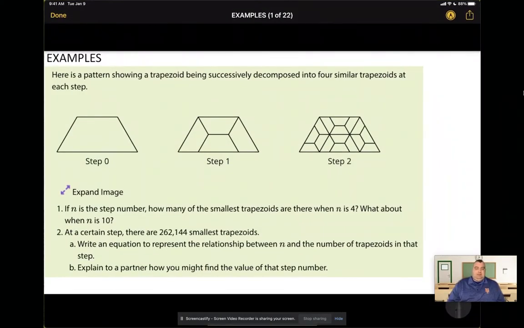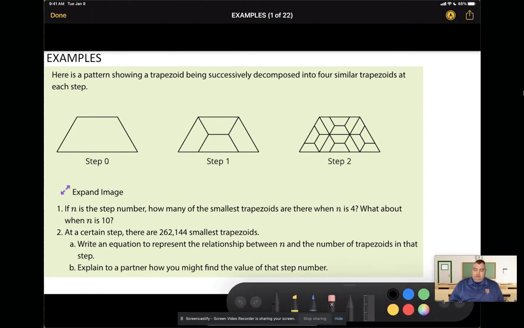Here is a pattern showing a trapezoid being successively decomposed into four similar trapezoids at each step. If n is the step number, how many of the smallest trapezoids are there when n is 4? What about when n is 10? Let's first look at the pattern here.